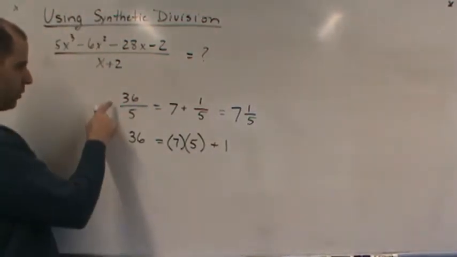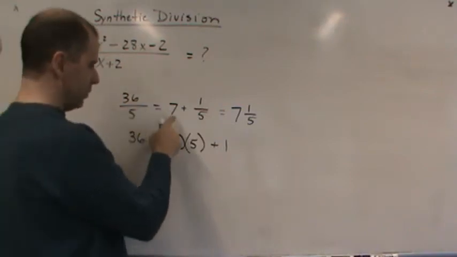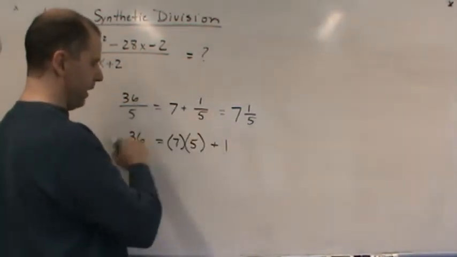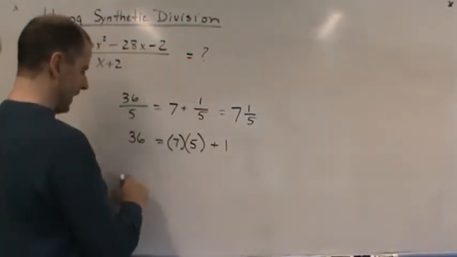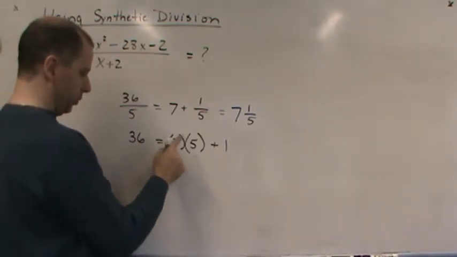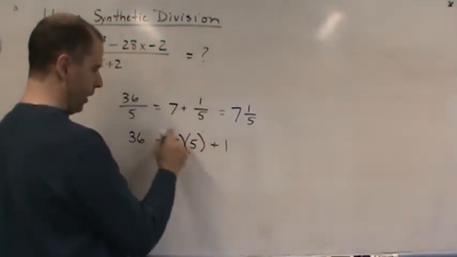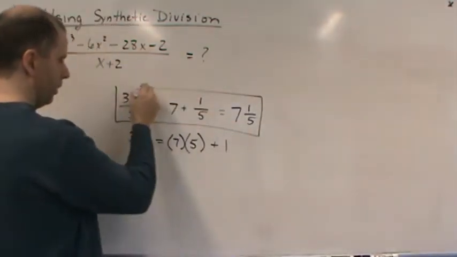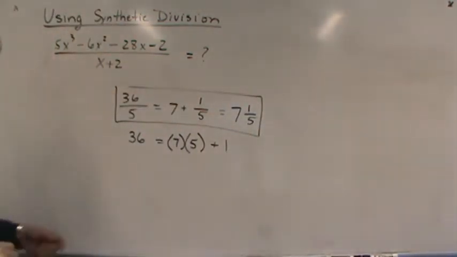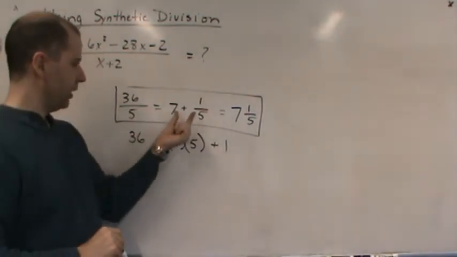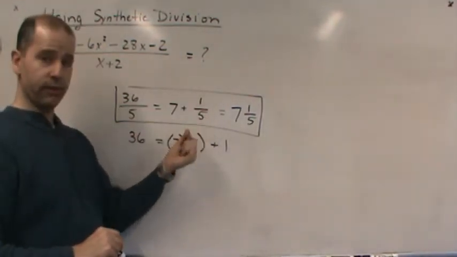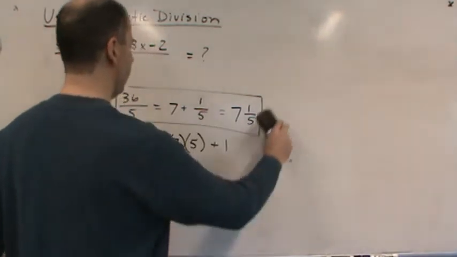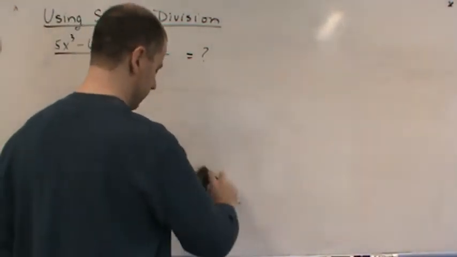So either way, 36 divided by 5 is equal to 7 plus 1 fifth, or we could say 36 is equal to 7 times 5 plus 1. So we're going to do this one. We're going to have a quotient plus the remainder divided by the divisor, and we're going to use synthetic division to do that.